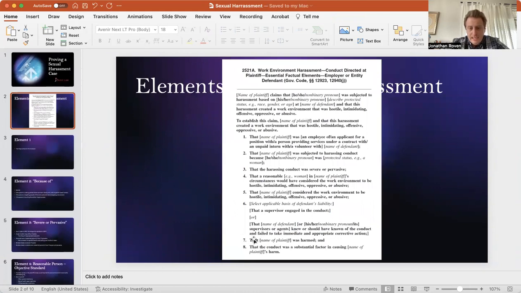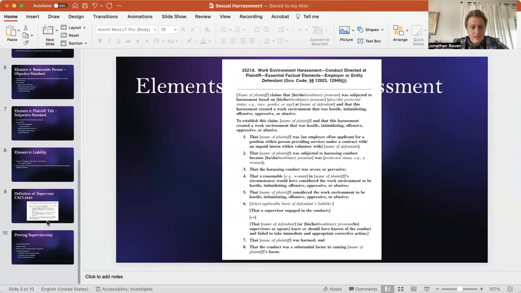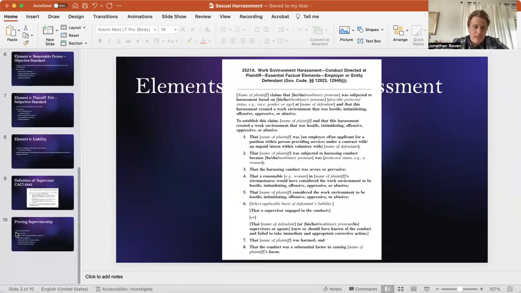And so then elements 7 and 8 are that the plaintiff was harmed, that the conduct was a substantial factor in causing harm.